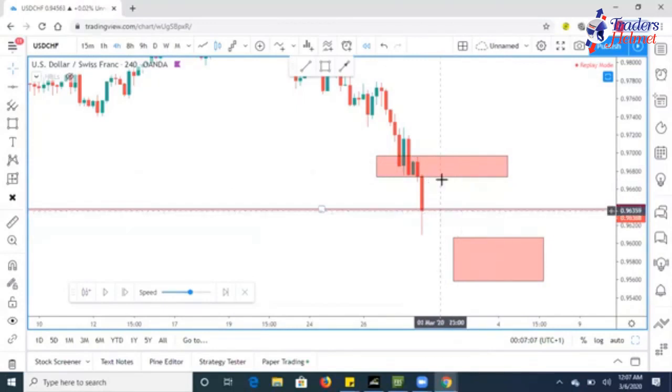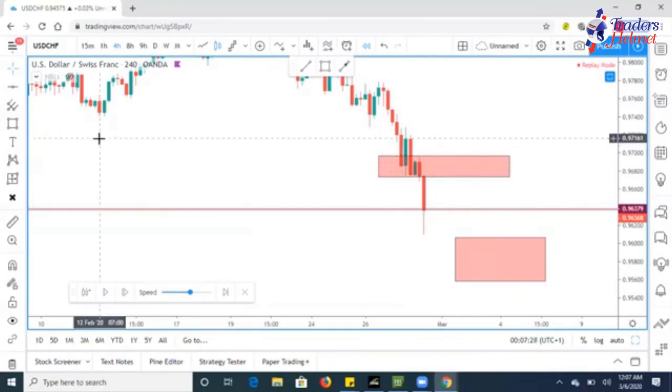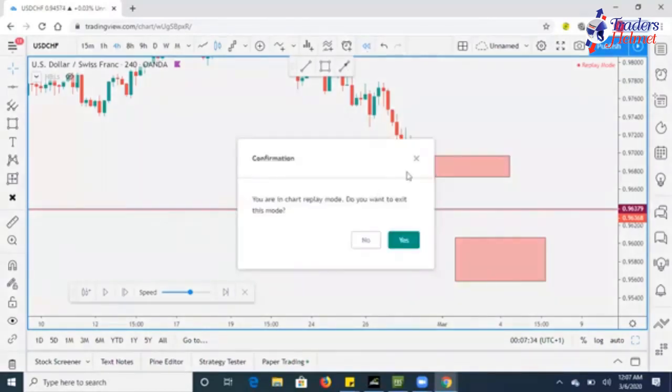But remember, if price had broken this particular order block, it's possible we could have lost the trade if we had a setup on the 15 minutes, and most times we wouldn't even have a setup because our setup criteria will not have been met. But for now, we'll just be waiting for a retest or a break. So let's see what then would have happened.